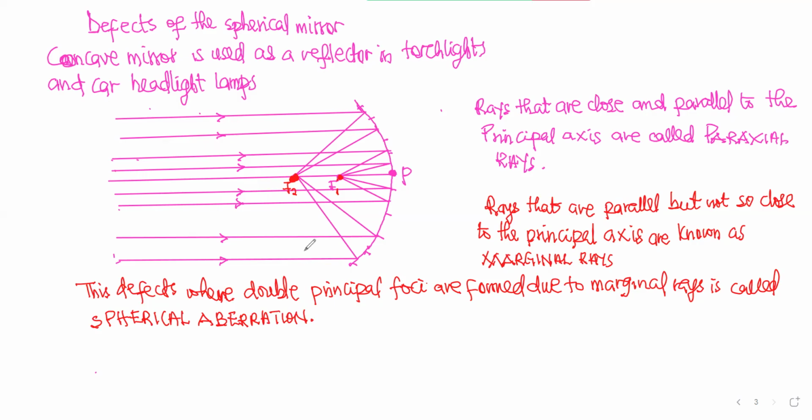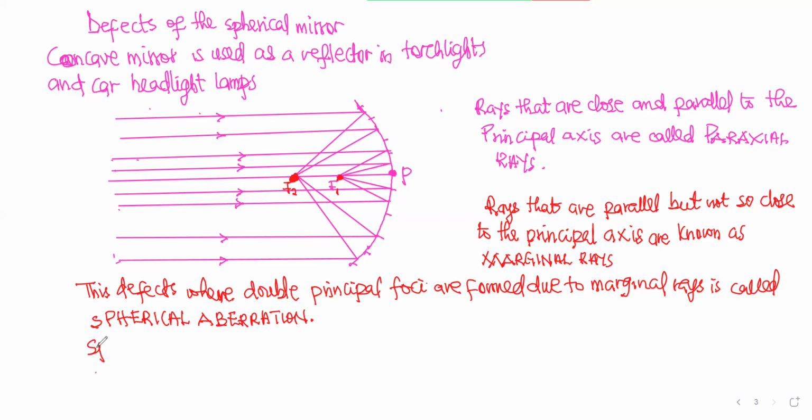Okay. Now, when spherical aberration occurs, what happens? The convergence of the reflected rays must give us a real image of whatever is producing the incident rays. Now, when you have spherical aberration, the image formed is blurry.